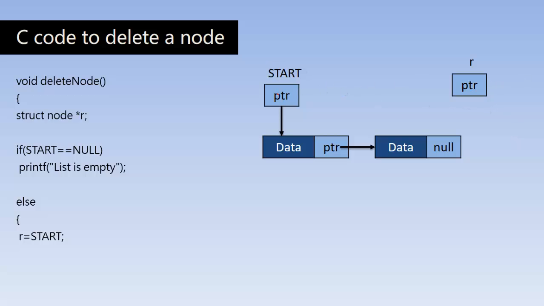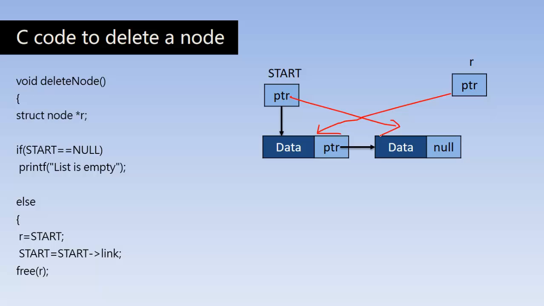So R will hold the address of start, that is, indirectly R is pointing to this node. Start equals start link. Now start will hold the address stored in this link, which means it is indirectly pointing to this node, right?